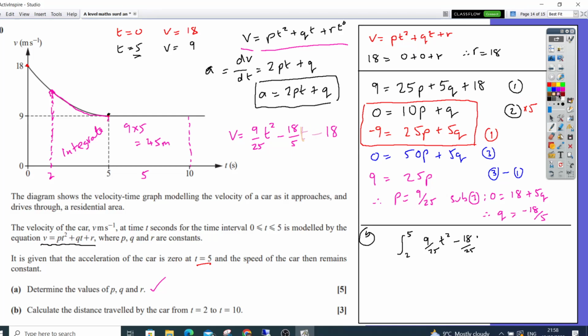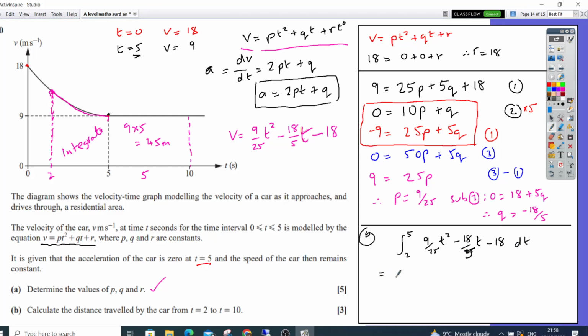Anyway, actually, was it this one? Yeah. Okay. So that should have been 18 over 5, not 25. 18 over 5t, and that's going to be minus 18. We're going to do that with respect to t.